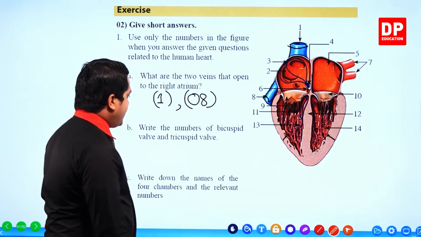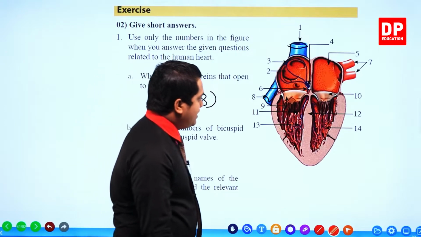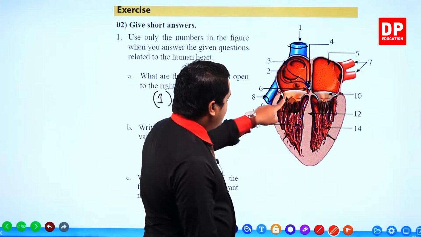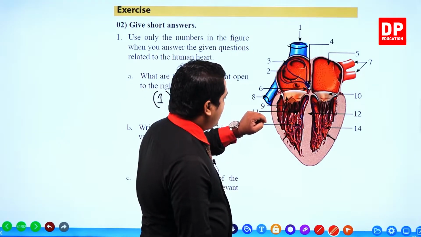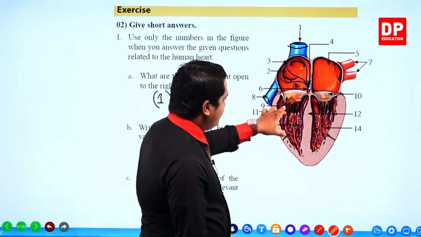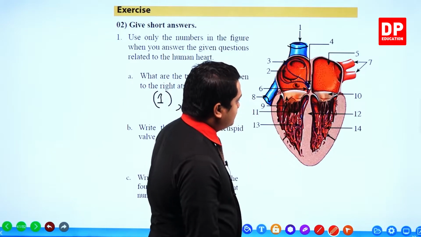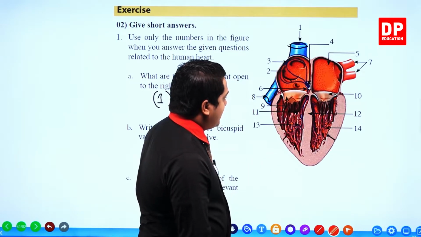Then the next one, write the numbers of the bicuspid valve and the tricuspid valve. So here, number 9, you can observe the tricuspid valve. Then at number 10, you can observe the bicuspid valve.